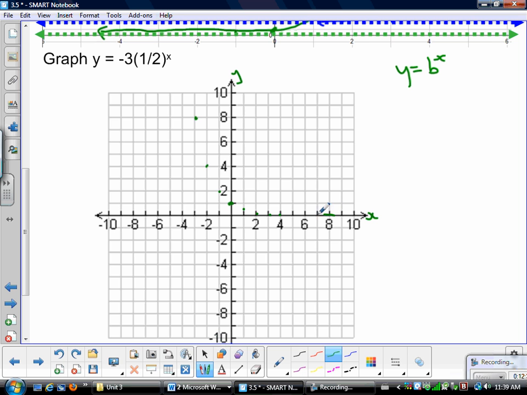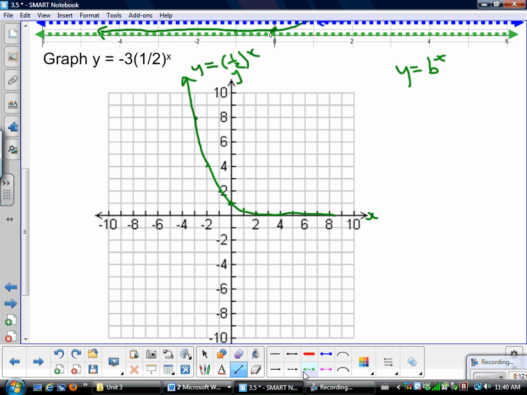So this is going to be our parent function of y equals 1/2 to the x. And also I need to draw my asymptote line, and it is along the x-axis.